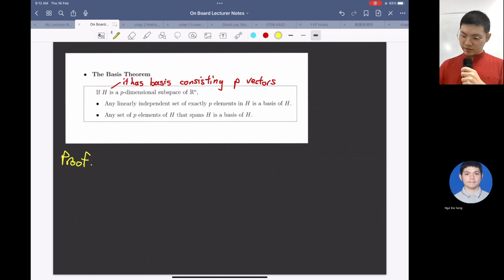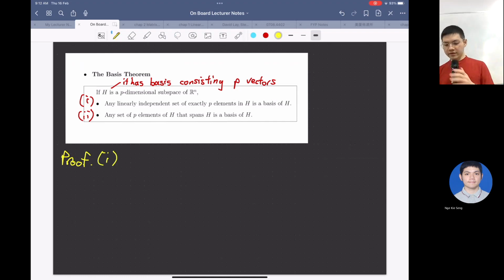Okay, let's try and see why. Just use some simple argument here. Any linearly independent set of exactly p elements in H is a basis of H. So you are already linearly independent. What else do you need to be a basis? What are the two things that you need?